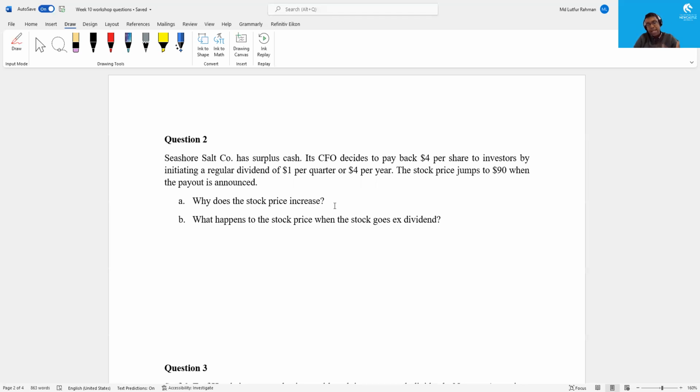So that's why an increase in dividend provides a positive signal that share price should increase, and a decrease in dividend will give an opposite signal in the market.